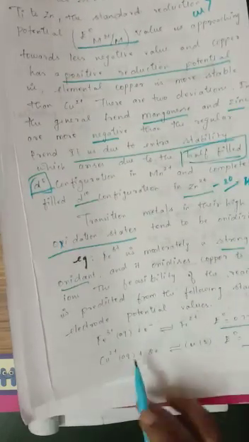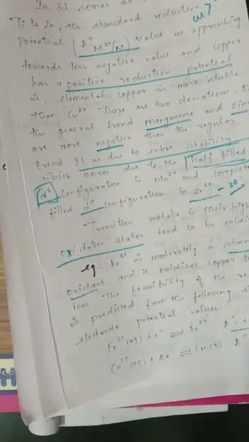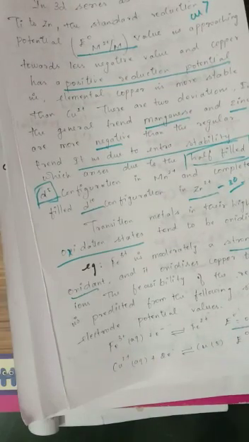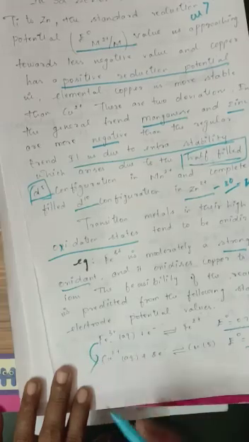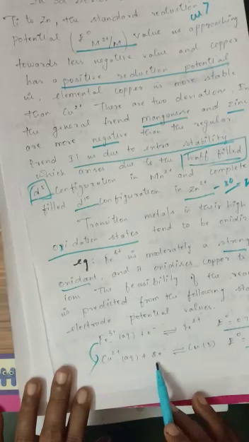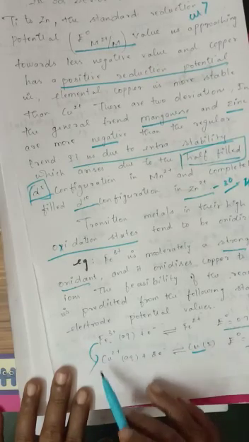See here, Fe3+ accepts an electron to give Fe2+, E naught is equal to 0.77. So iron can oxidize copper. Copper gives electrons, Cu2+ plus 2 electrons gives copper solid, because it is transferring electrons to iron.